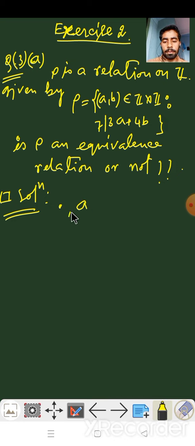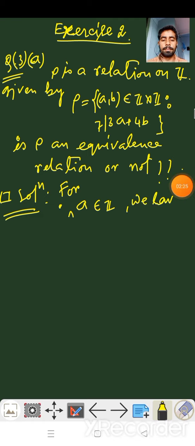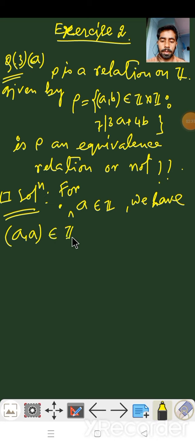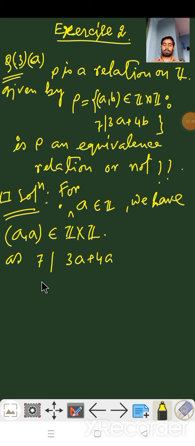For a belonging to Z, we have the ordered pair (a, a) also belonging to Z cross Z. Now 7 divides 3a plus 4a, that is, 7 divides 7a.